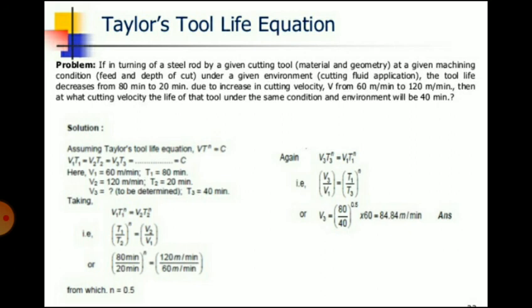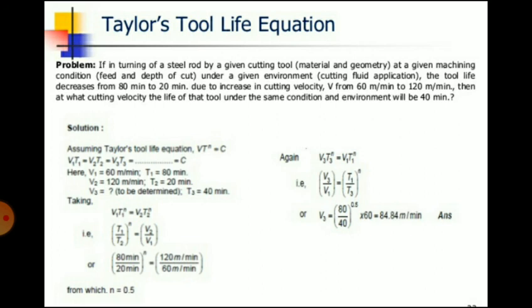V2 is 120 because the cutting speed is increased from 60 to 120, so the tool life is decreased to 20, T2 is 20. It is asked to find the cutting velocity for a tool life of 40 minutes. So T3 is 40 minutes, and V3 is to be determined.